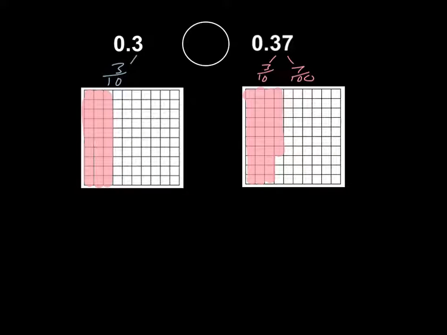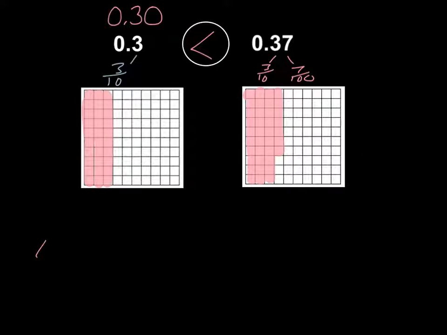So now when we look at this, we can see that more of the whole is colored in here, so that we know that 37 hundredths is greater than 3/10. Another way to think about this is rewriting this decimal as 30 hundredths instead of just the 3/10, and that helps you see more clearly that 37 is larger than 30.